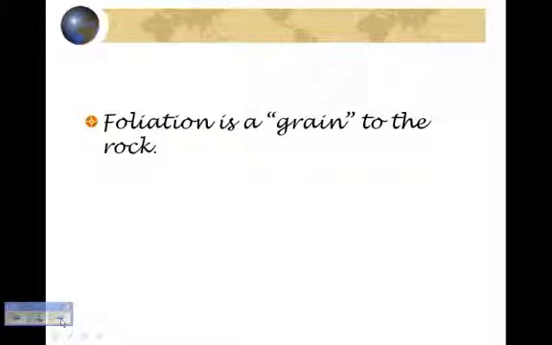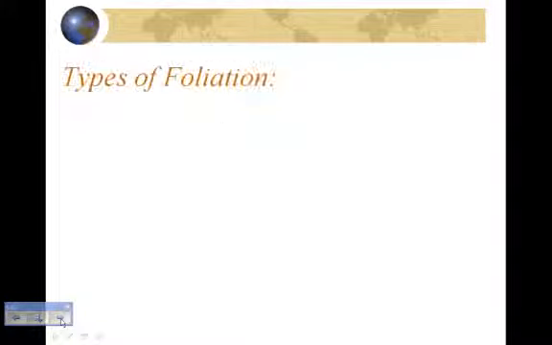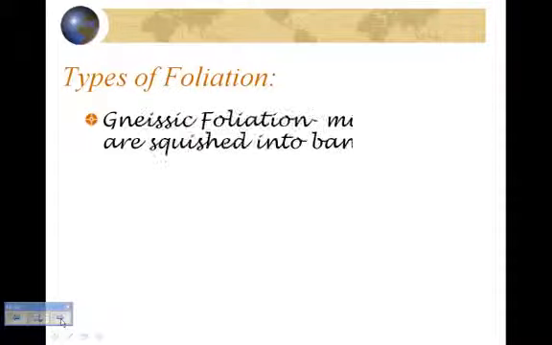Foliation is a grain to the rock, and it will often exhibit itself as a layer of aligned minerals. There are several different types of foliation. There's a gneissic foliation, where the minerals have been squished into separate bands.